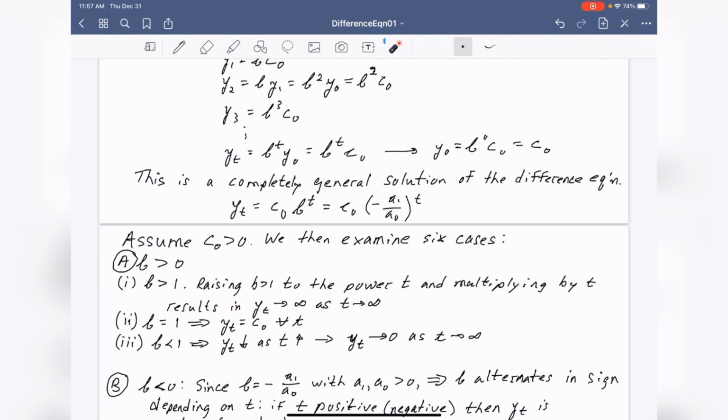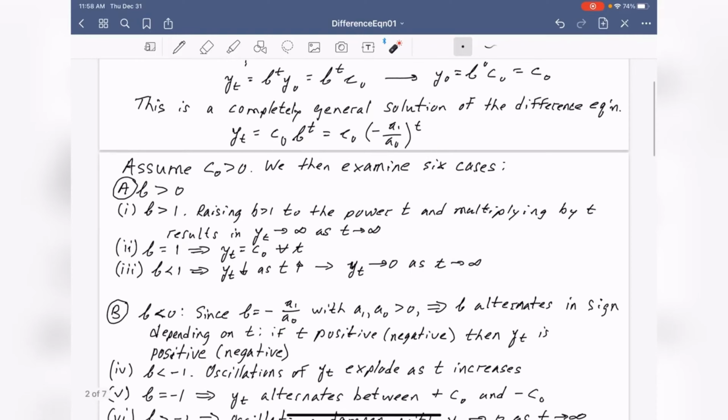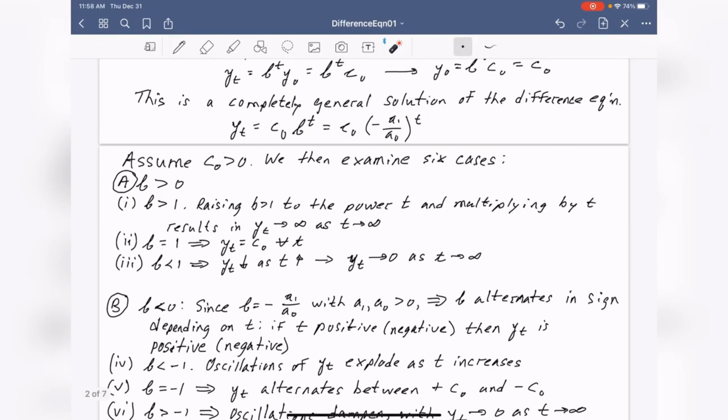If b is equal to 1, then y_t at any given time is equal to c0, so y_t equals c0 for all t. And if b is less than 1, then y_t declines as t increases, and at the extreme, y_t approaches 0 as t approaches infinity.